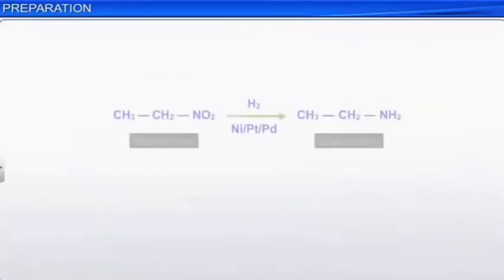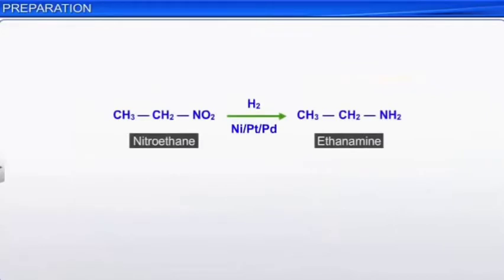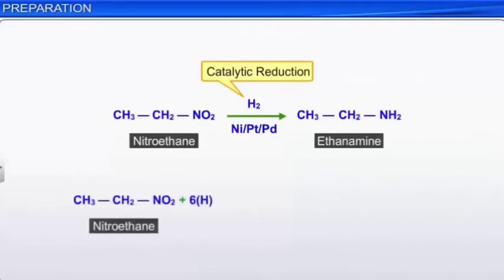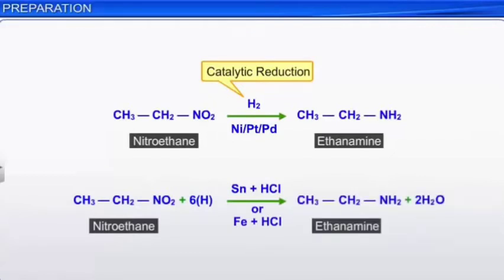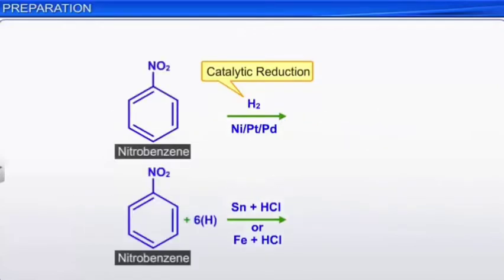For example, nitroethane on catalytic reduction or reduction in the presence of tin and HCl or iron and HCl gives ethanamine. Similarly, nitrobenzene on catalytic reduction or reduction in the presence of tin and HCl or iron and HCl gives aniline.